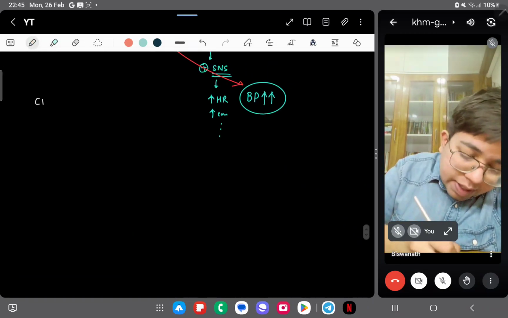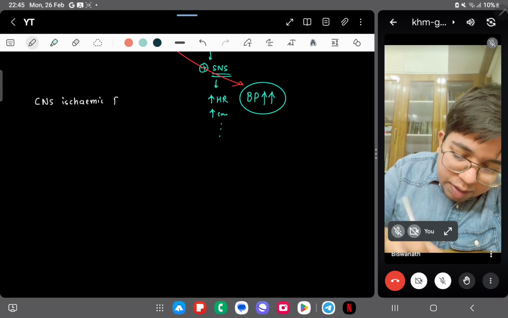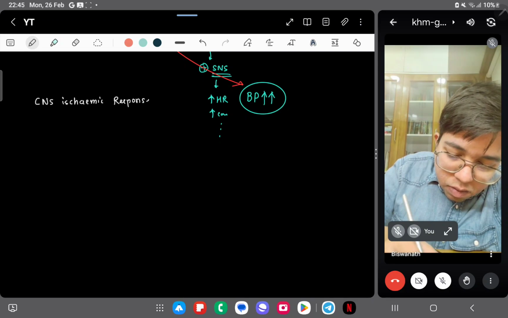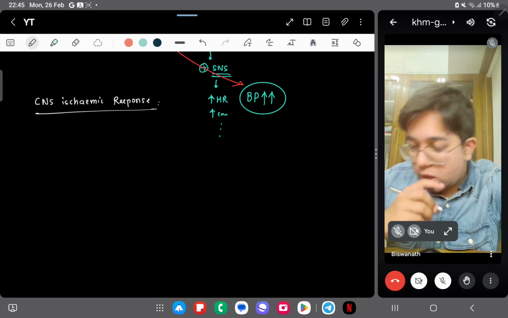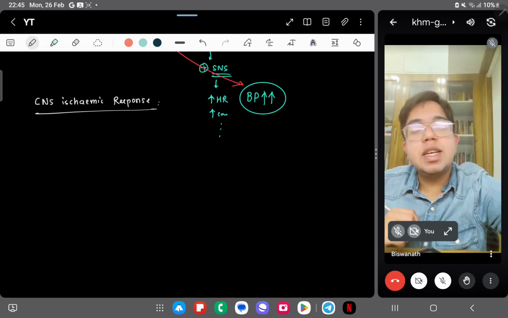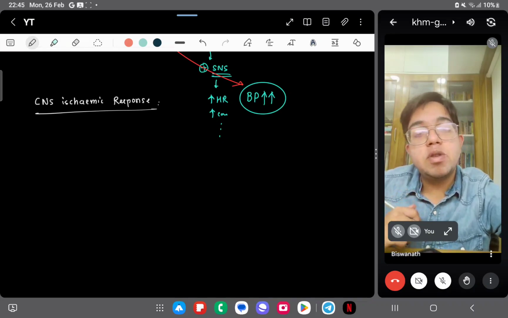Let's talk about the CNS ischemic response, another short-term regulation mechanism. We're spending more time on short-term regulation. Long-term regulation is basically the RAS system, and that's another big topic to discuss.